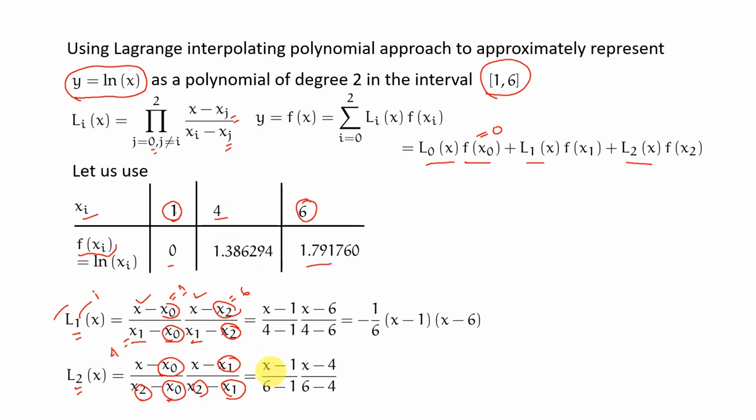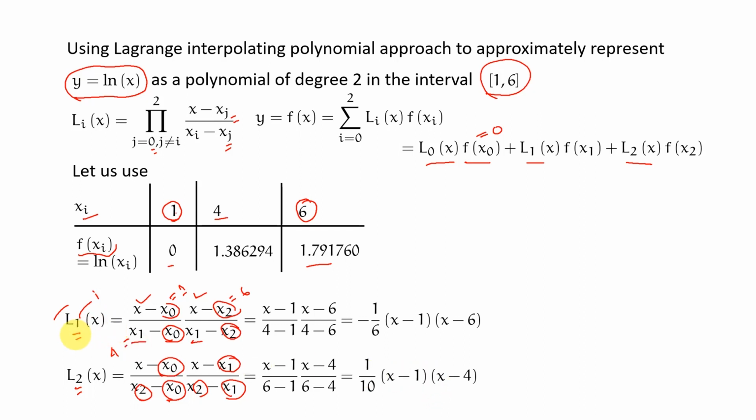The expression becomes (x minus 1)(x minus 4) over (6 minus 1)(6 minus 4), so I have 1 by 10, (x minus 1)(x minus 4).